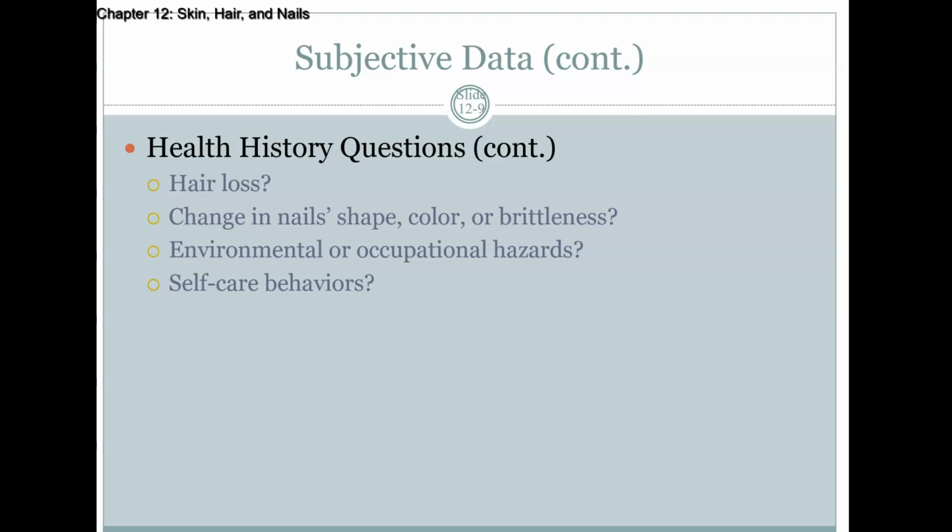You may be aware that melanoma, or skin cancer, is 20 times higher among whites than among African Americans and Hispanics because of the melanin in their skin. So you may be more prone to look at that type of thing.